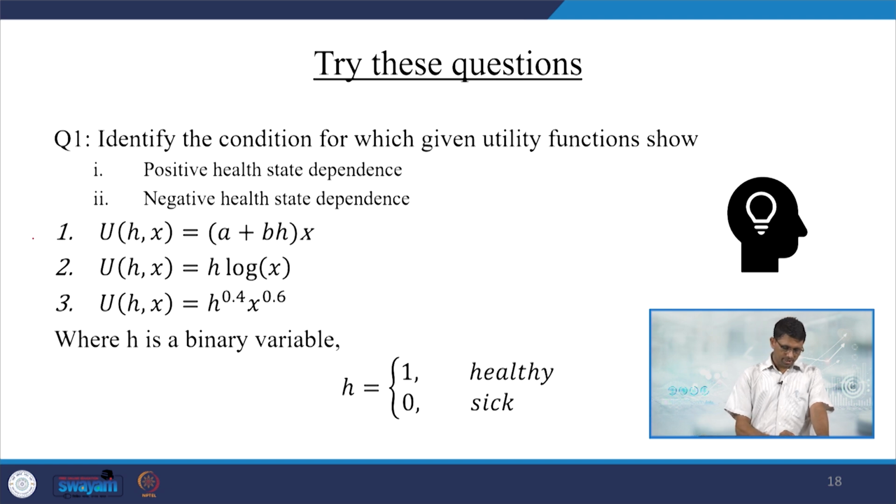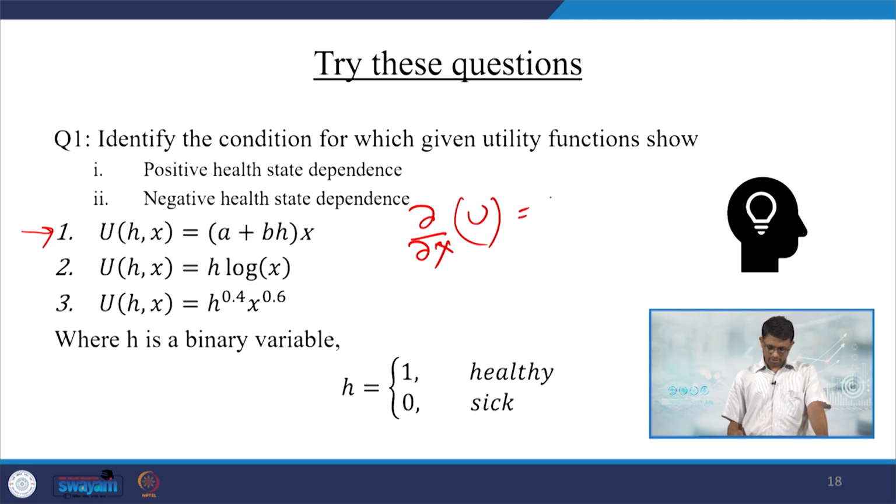First of all, when this is your equation, you can simply take the first order derivative, du by dx, of a plus bh of x, isn't it?